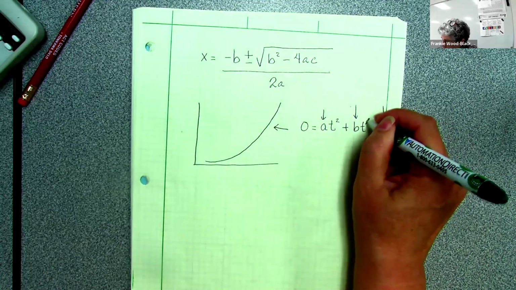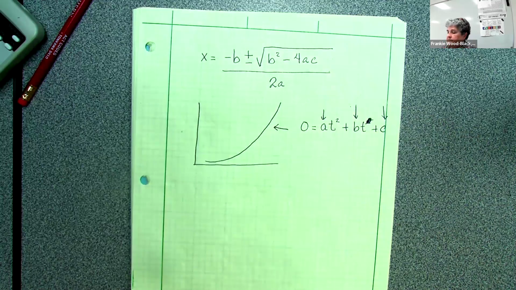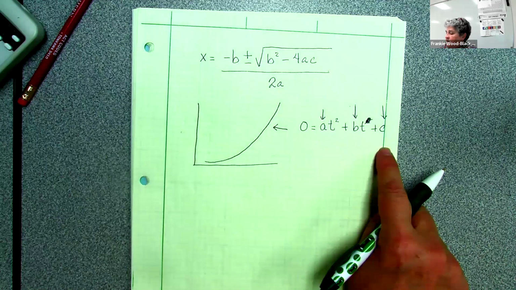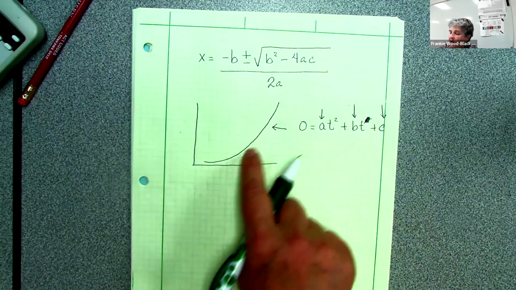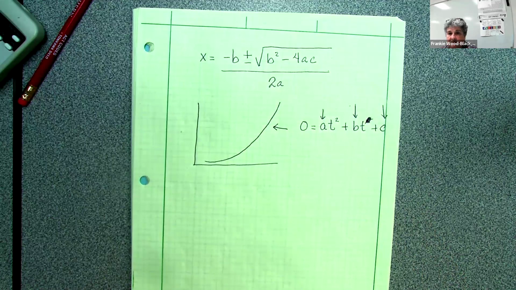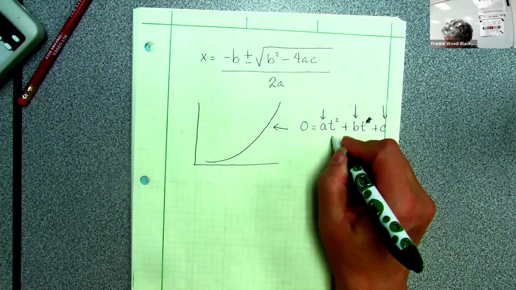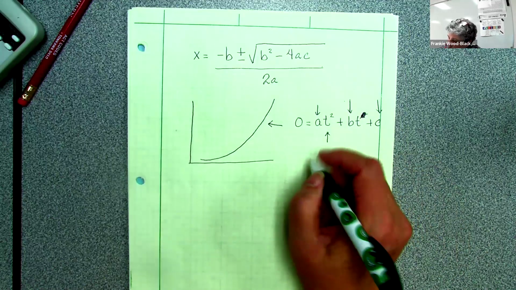Oops, that's not a square. That's just 1. And if I use this equation and I plot, I'm going to get something that looks like this. Well, because I have a square, that means that we have 2 solutions.